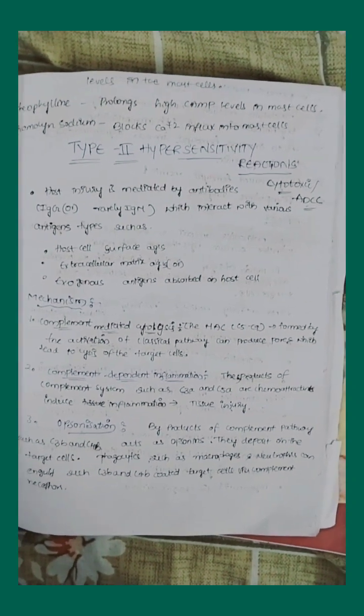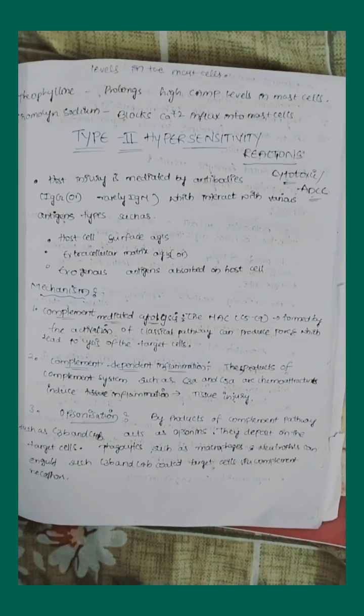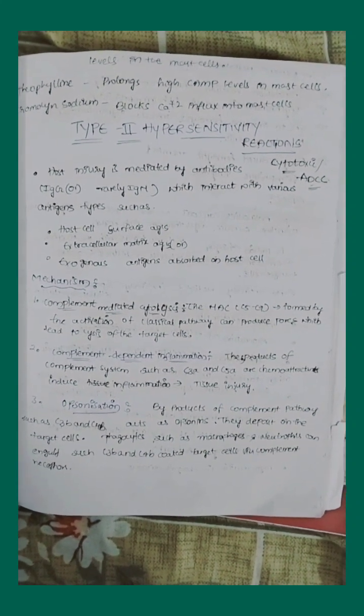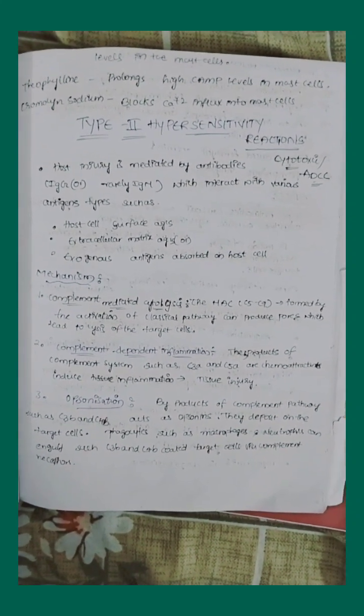So what is the mechanism behind it? Complement mediated cytolysis will occur. What is complement mediated cytolysis? We already know we have three types of complement pathways: one is the classical pathway, another is the alternative pathway, and another is the lectin binding pathway.